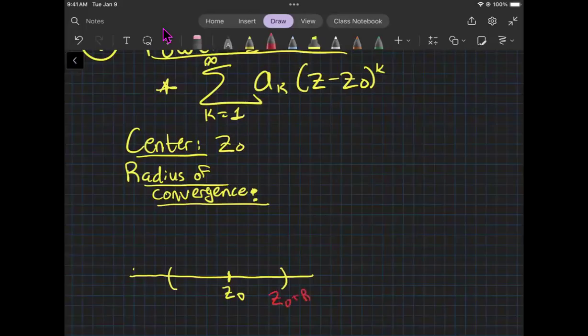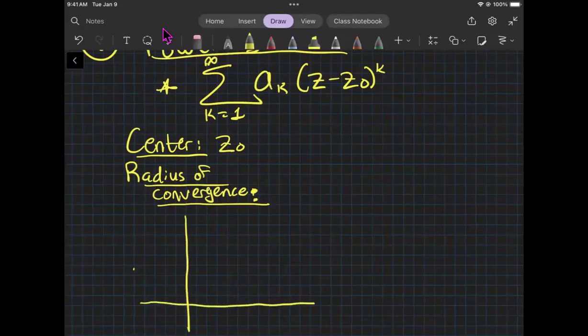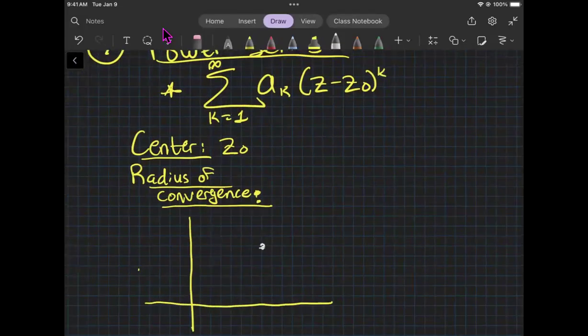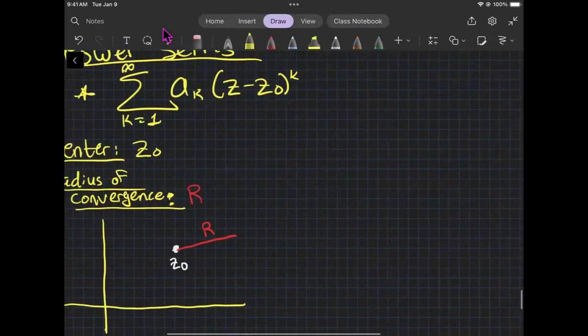And we had what was called an interval of convergence, right? The radius of convergence is just the distance that you have to go away from z naught. Okay. So this time around, we're going to be dealing with an R neighborhood. So if I have z naught in the complex plane, the radius of convergence would be R, let's say, but it's not an interval of convergence anymore. It's going to be called a circle of convergence.